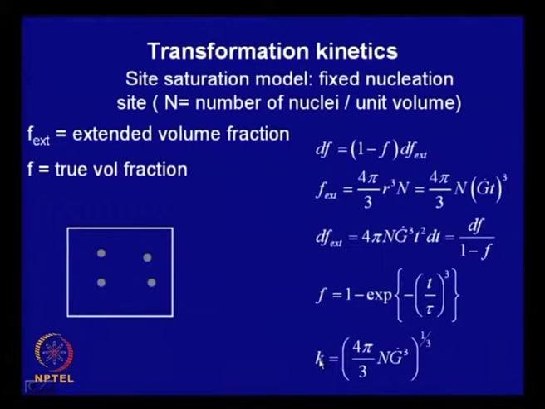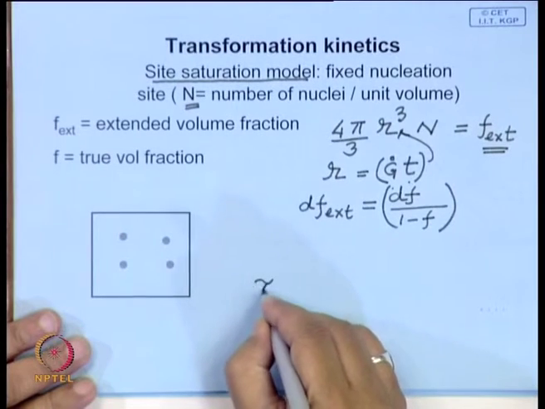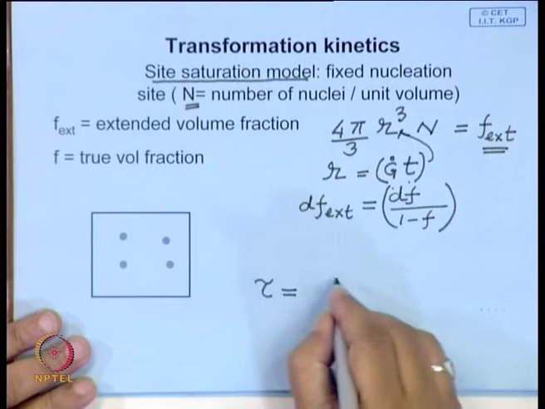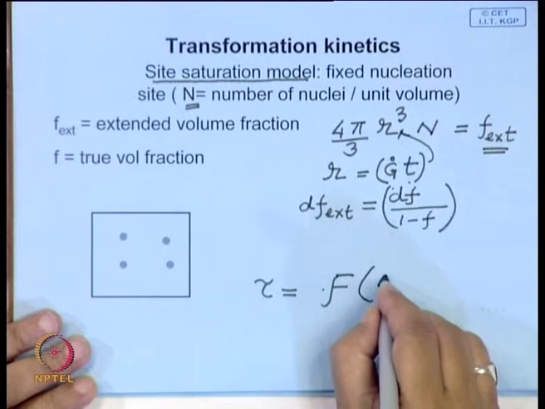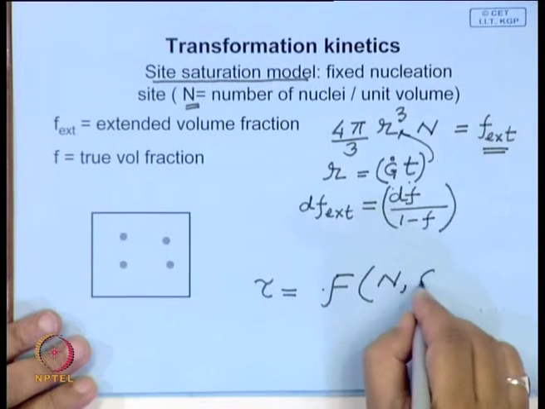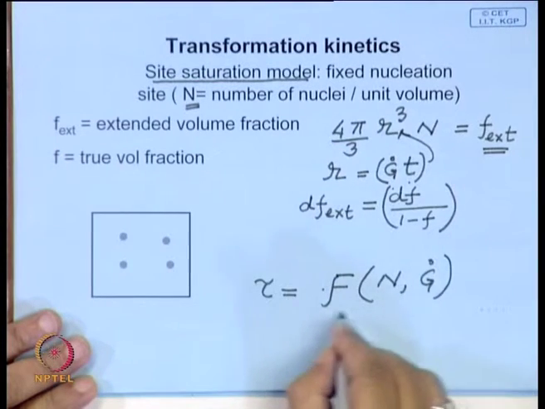So, this should be tau, I believe. So, this you can find out, what will be the tau. Can you express tau, it is not k, can you express tau as a function of nucleation site and growth rate?